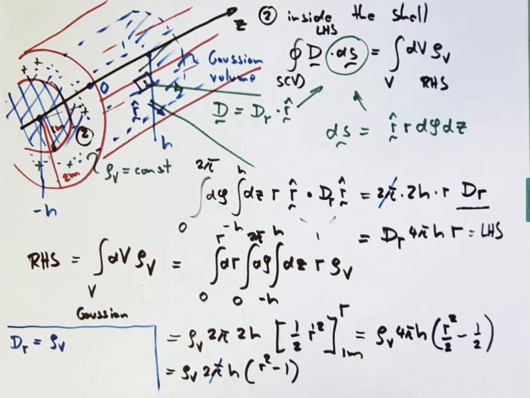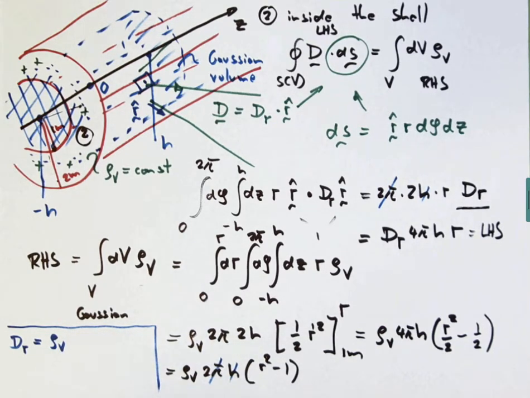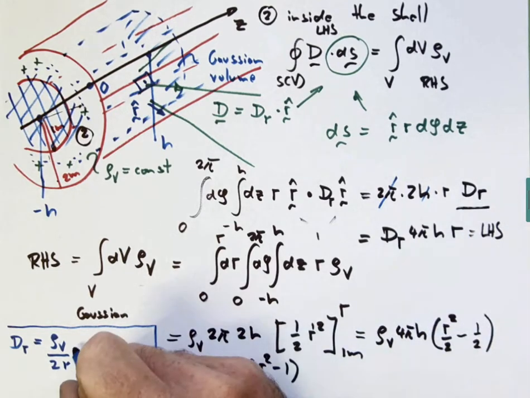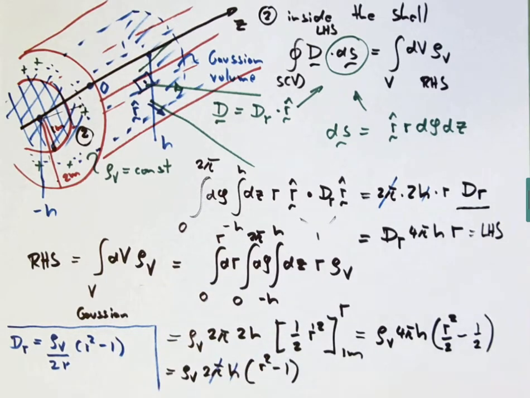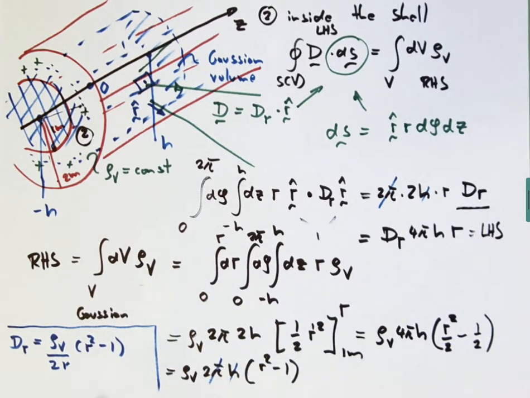I also have an h, that cancels, but I still have to divide by 2 because of that remaining 2, and I have to divide by r because of the r, and then I'm adding r squared minus 1. This is my solution for the second region.